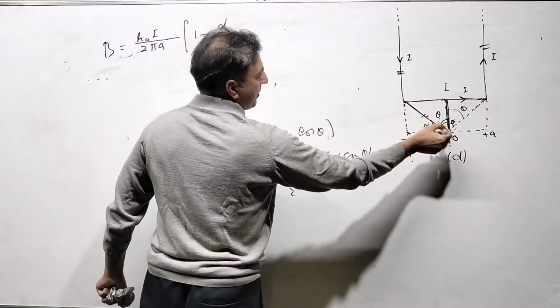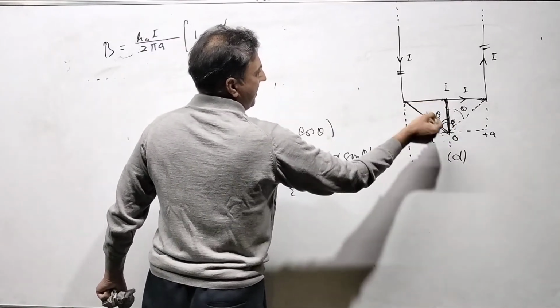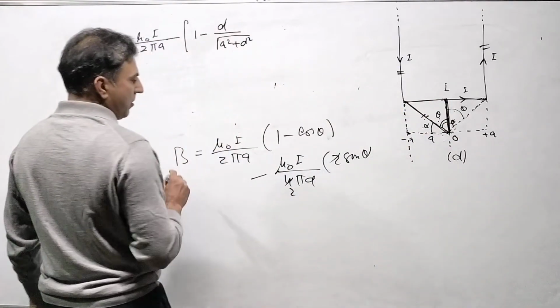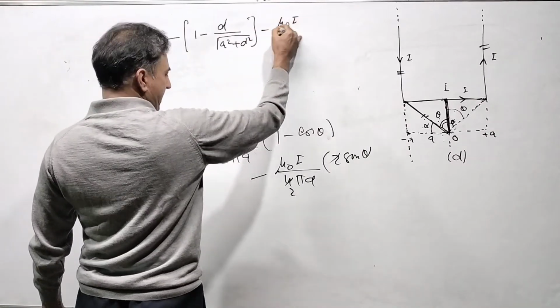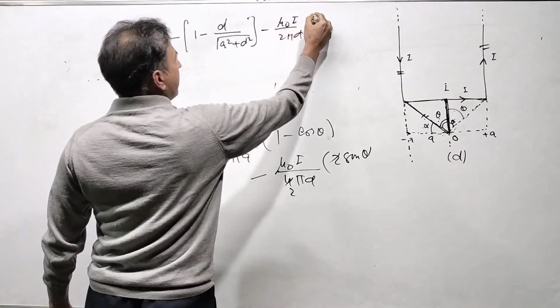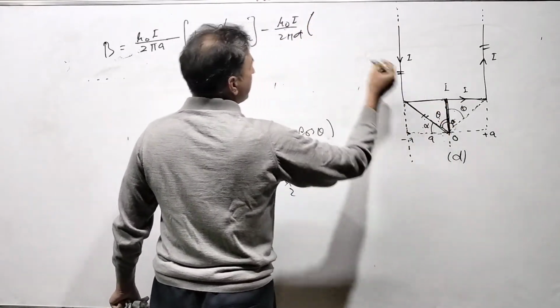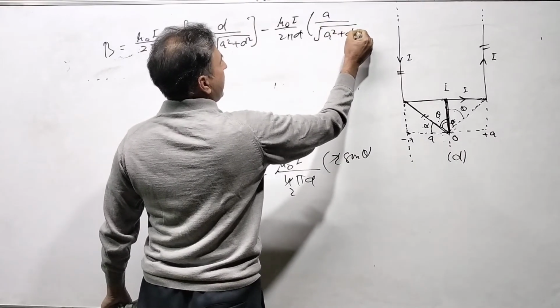Here this hypotenuse is root of A square plus D square. Minus mu 0 I by 2 pi D into sine theta, perpendicular by hypotenuse, that is A by root of A square plus D square.